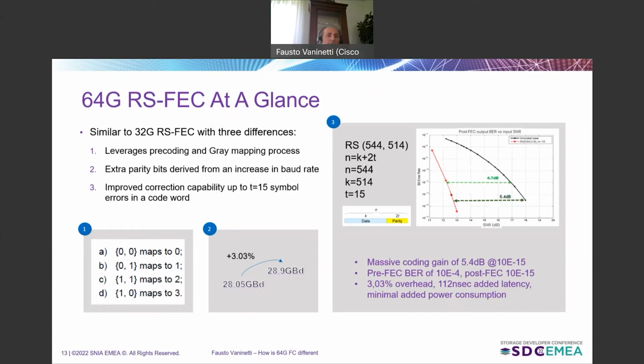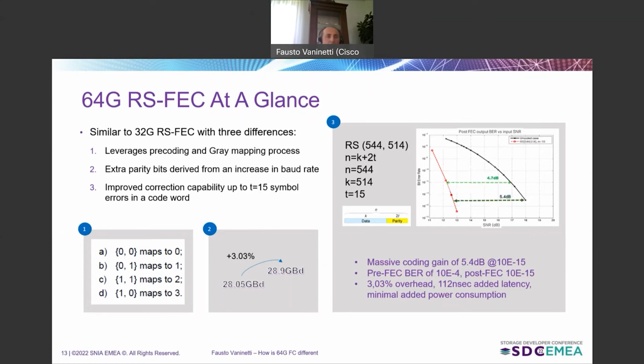In order to accommodate a stronger FEC, we needed more bits for parity. And that's why the symbol rate of 64 gig Fibre Channel is not identical to 32 gig Fibre Channel. It is a little bit higher, 3% higher. The final symbol rate is 28.9 gigabaud.